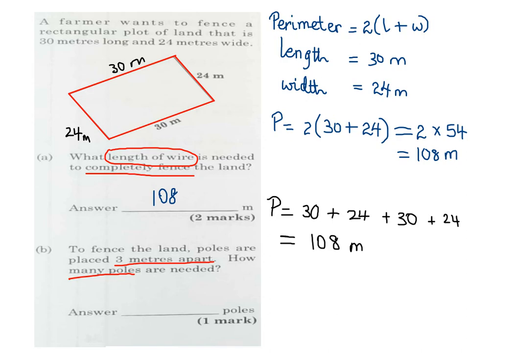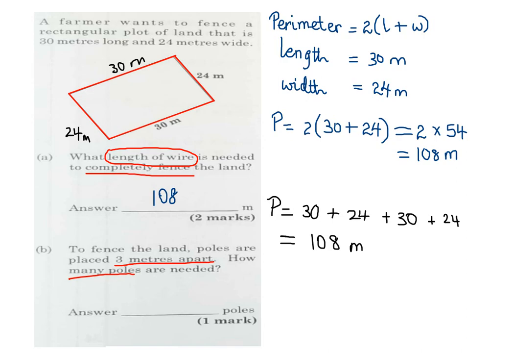But what we have to pay attention to is the way in which this plot of land is going to be fenced, right? You wouldn't want to have 2 poles next to each other, not serving a purpose, right? And you'll understand why I say that in a little bit. But think about it, right?